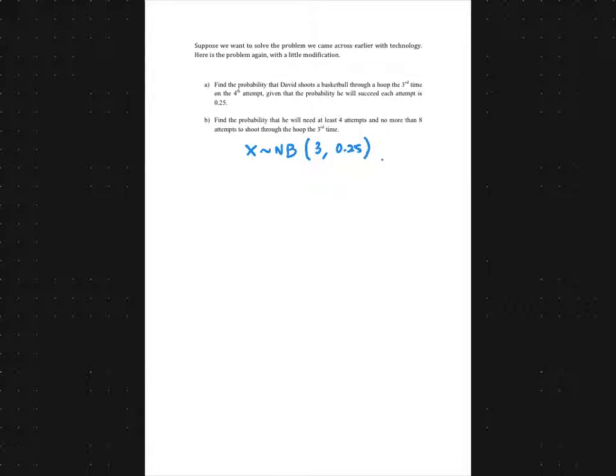So we want P(X = 4), and that is equal to 3C2 times 0.25 squared times 0.75 times 0.25.